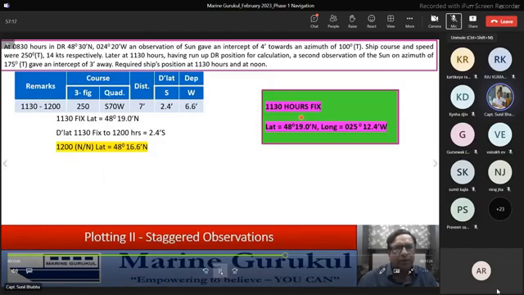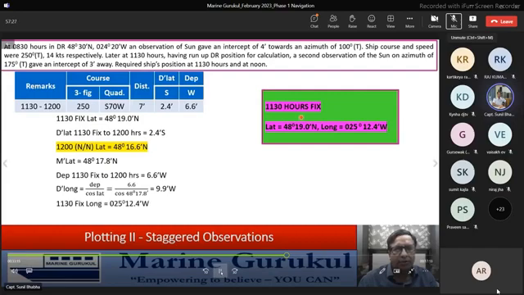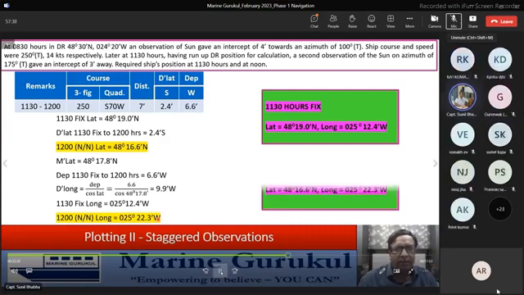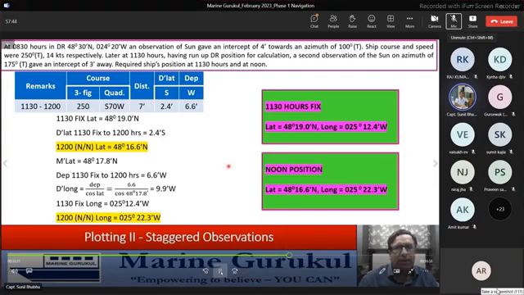Using the MLAT between 11:30 lat and 1200 lat, we can convert this departure into D long, apply that D long to the longitude of 11:30 fix, and that gives us the noon longitude as 025 degrees 22.3 minutes west, and hence we get the coordinates of the vessel's position at noon on that particular day, and that's how this question can be completed.